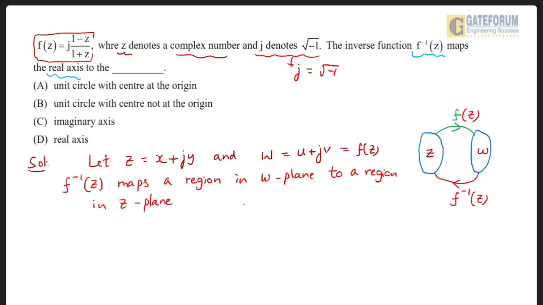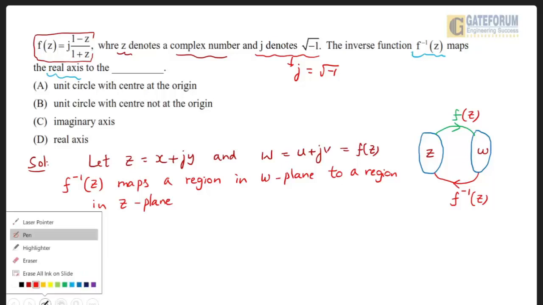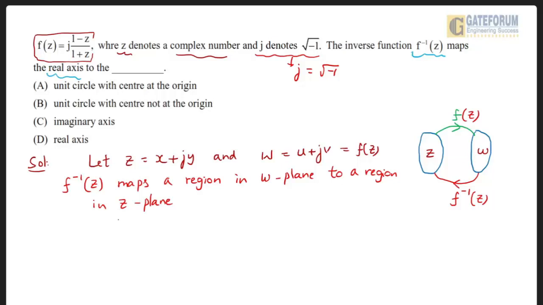Okay. Now, what exactly is given here? F of Z is equal to j times (1 minus Z) divided by (1 plus Z). So substitute the above Z and W here.